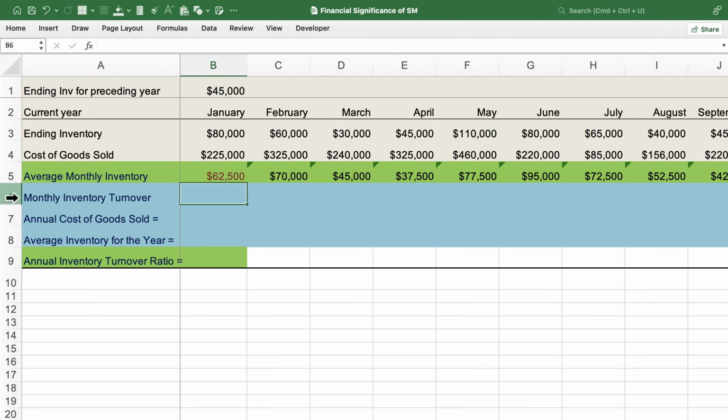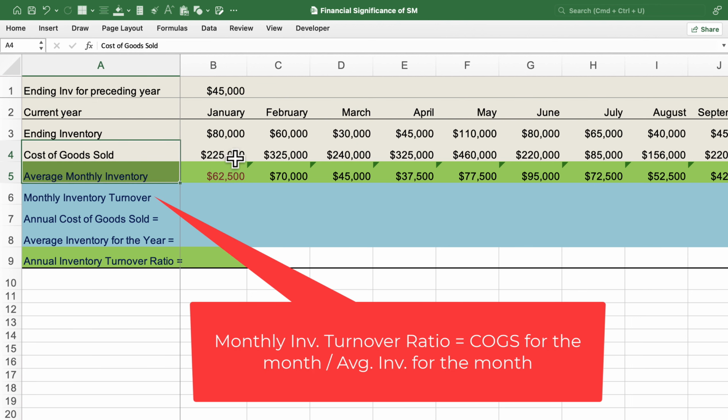Then the next thing is calculating monthly inventory turnover, and monthly inventory turnover is simply the ratio of cost of goods sold and average monthly inventory. So if we take the ratio of 225,000 and this inventory level, that will give us the monthly inventory turnover ratio. That's equal to 225,000 divided by 62,500, which gives us 3.6.